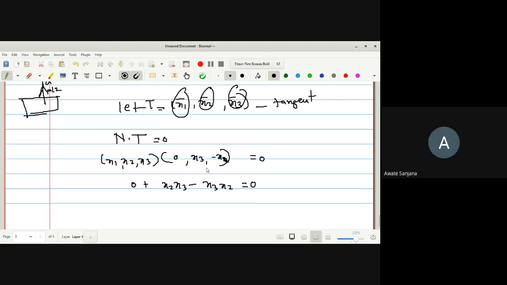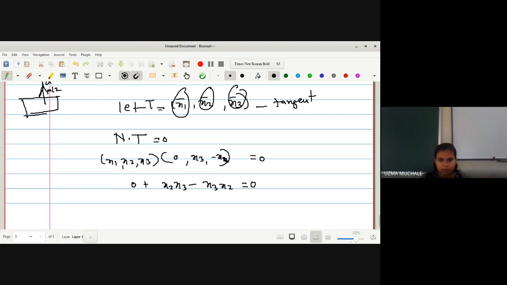Why is it not? Yes, ma'am. x2 dot product with x3, then here it is x3 and here it is x2. Okay. Now, is it okay whether the dot product is 0?